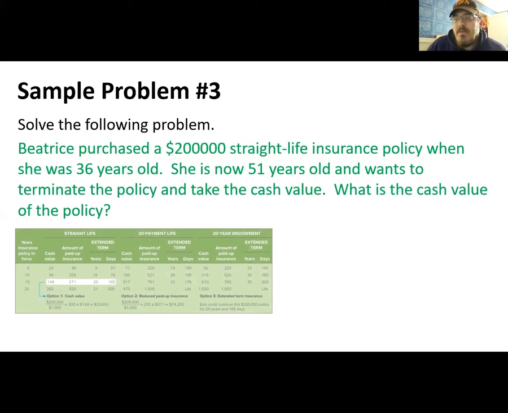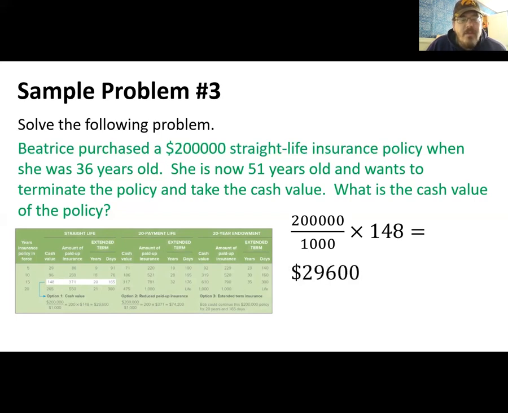Then we go to the straight life section, and the table factor we want is in the cash value column. In this case, the table factor is 148. That's the cash value table factor. So again, we take the amount of coverage divided by 1,000, since all these tables are based on 1,000, and multiply by that table factor. And so we get an amount of $29,600.